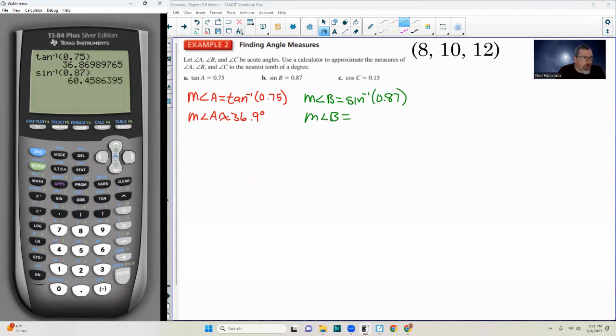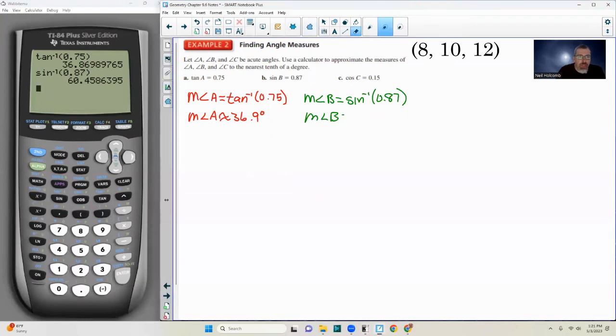And that's 60.45, 5 rounds the 4 up to a 5. So that is going to be an approximation. So let me get rid of that equal sign. It's approximately 60.5 degrees.